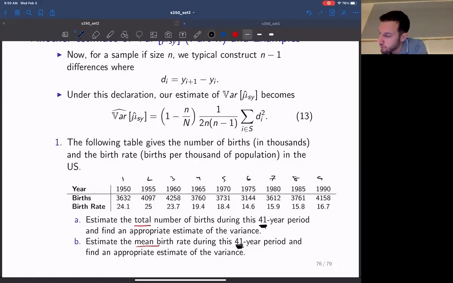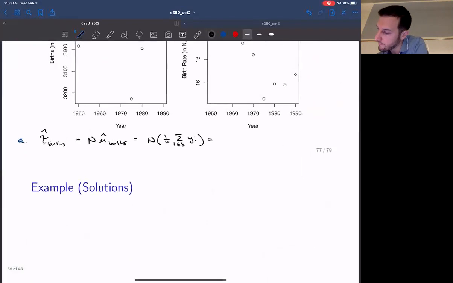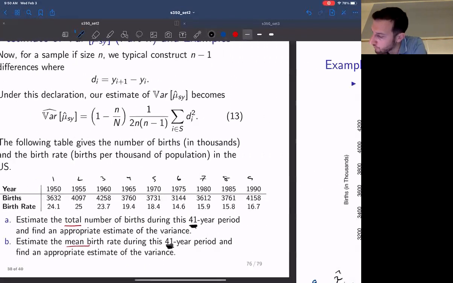So to estimate total deaths, we're going to sum from 36232 to 4158. So we're adding all of these values together, then dividing by little 9, and then multiplying by 41. So here we're going to have 41 times 1 over 9, and then we're going to sum from 36232 to 4158.